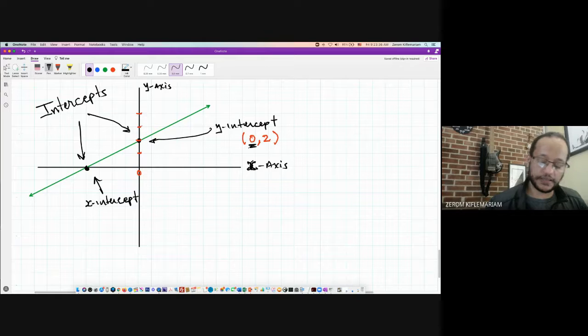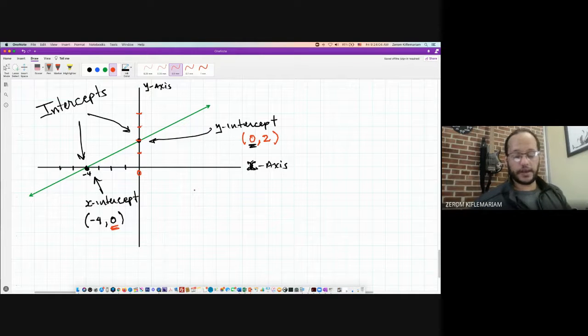For the x-intercept, counting 1, 2, 3, 4, 5, 6, this is -4, and the y value is also 0. So the x value is -4, the y value is 0. When we talk about the x-intercept, y is 0. Whenever we talk about the y-intercept, x is 0.